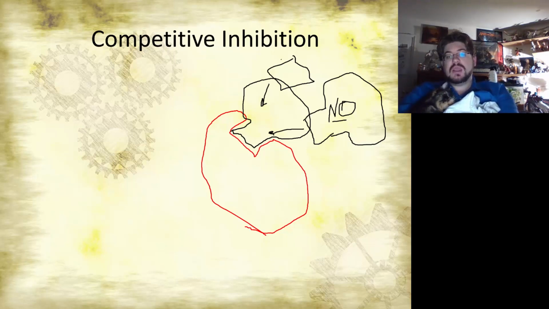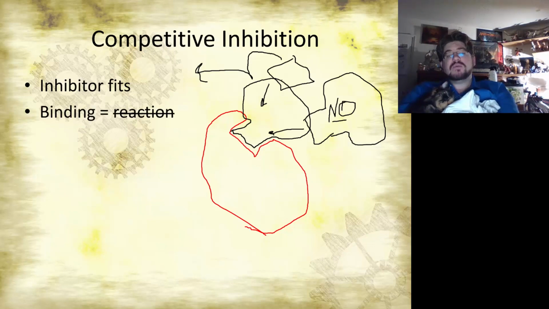When our molecule is present, bump, the active site is blocked. No, we can't catalyze. So a competitive inhibitor fits and binds to the active site. However, when it binds, no reaction occurs.